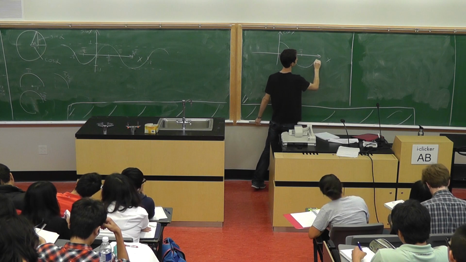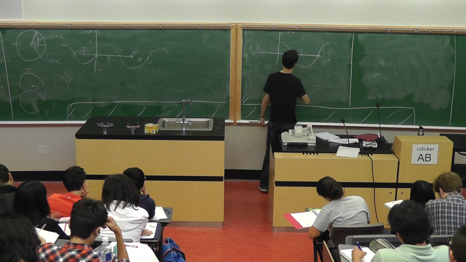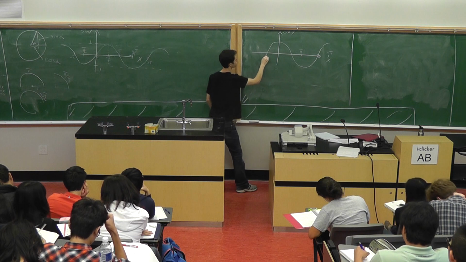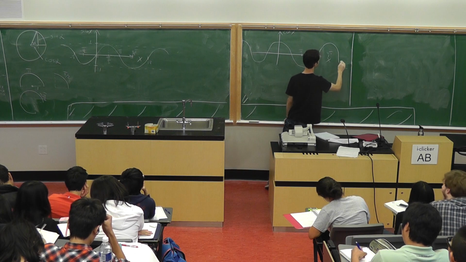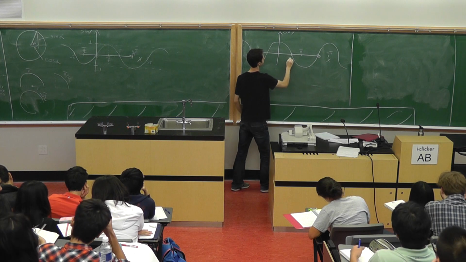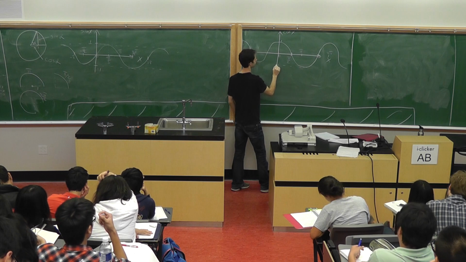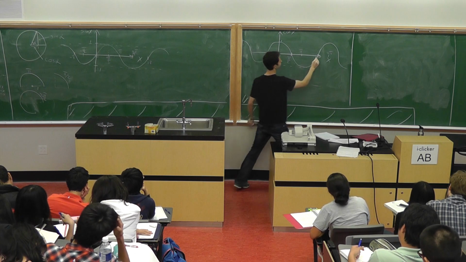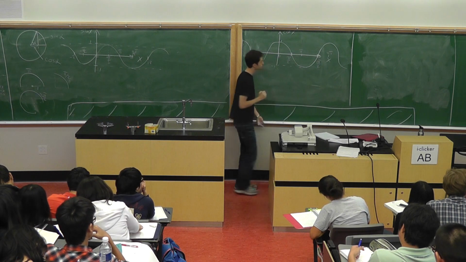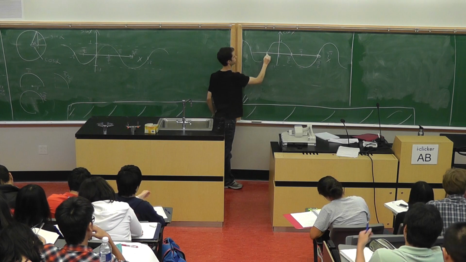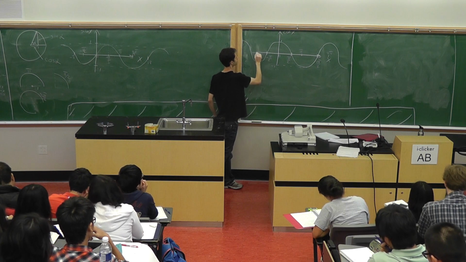Then it increases all the way back to 1 at 2 pi, and it repeats itself. So this is pi by 2, this is 0, this is 1, this is -1, this is 3 pi by 2.